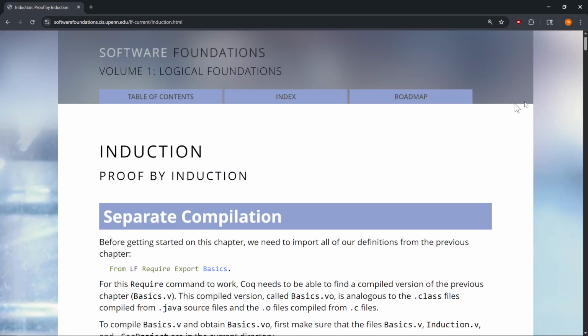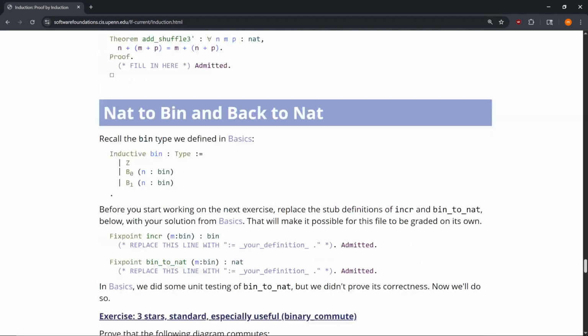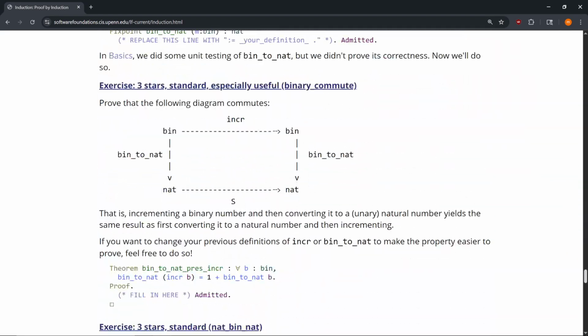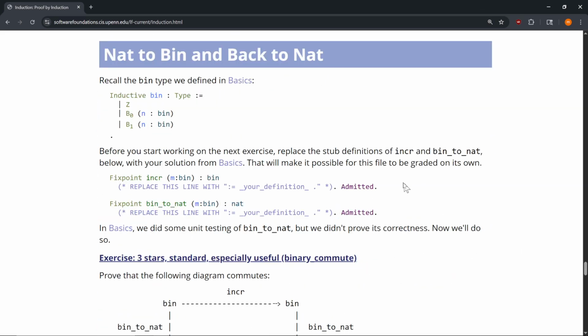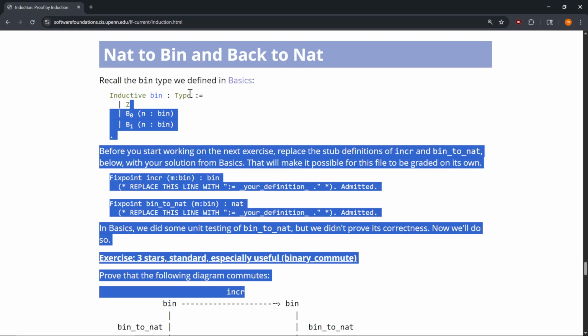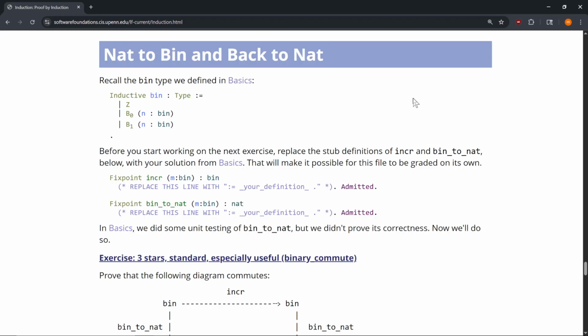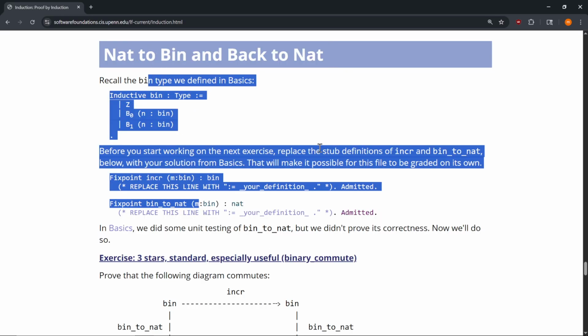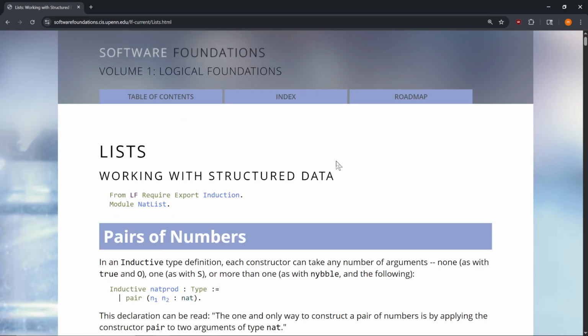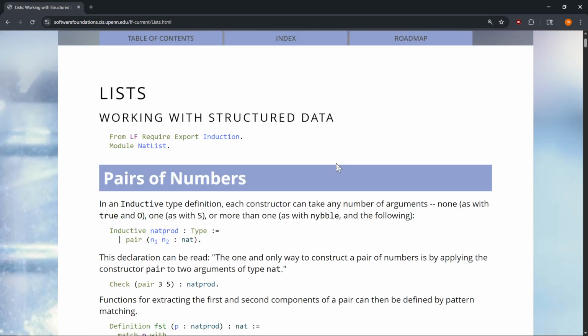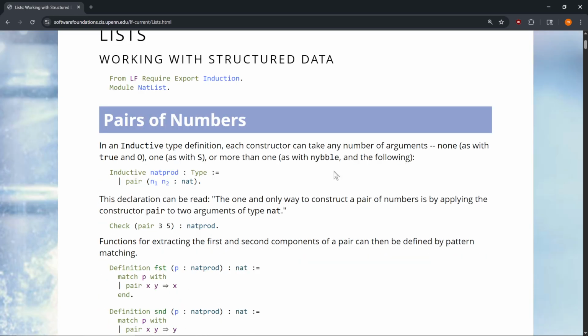So we've mostly completed proof by induction, except that we still have these coding exercises down here at the end. However, I also skipped the coding exercises in the last chapter, and these reference those coding exercises, so I'm going to go back tomorrow and do all of them. Or get started anyway. Working with structured data.